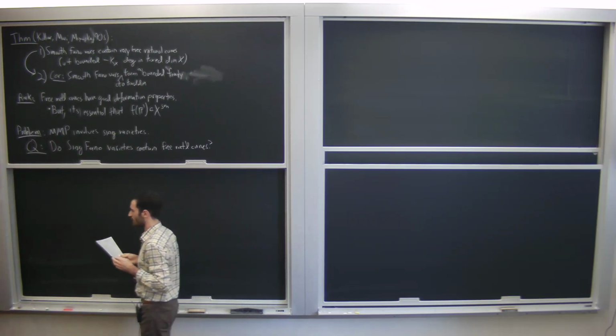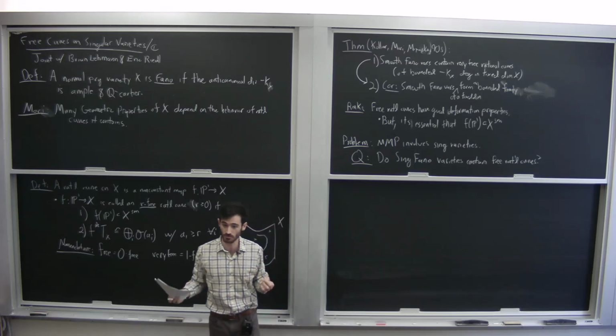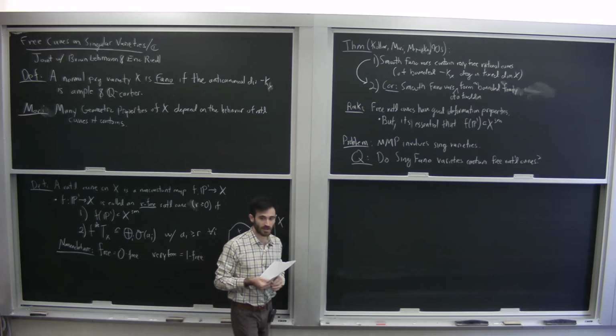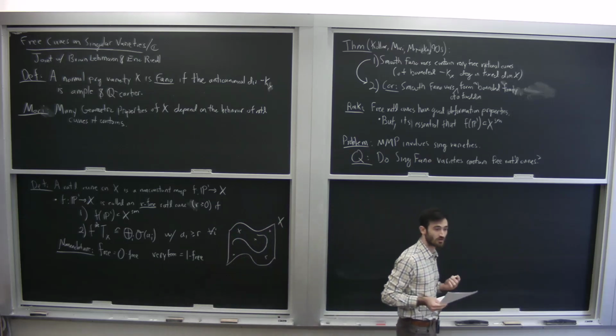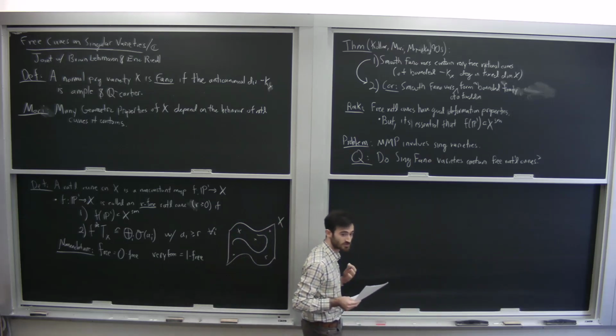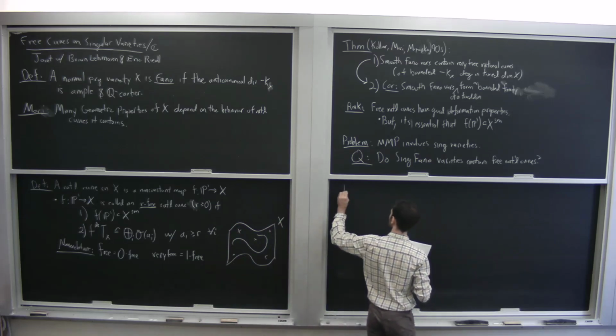And so in the next moment, I want to give you some examples of why we should think they do, and then some counterexamples to show that there are some restrictions you need to put on the singularities of this Fano variety for you to hope the statement would be true. Okay. So let's do an example.